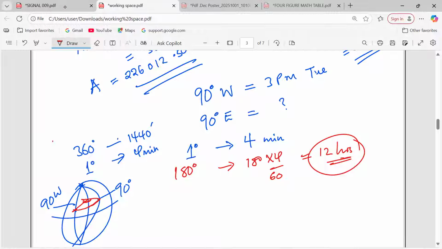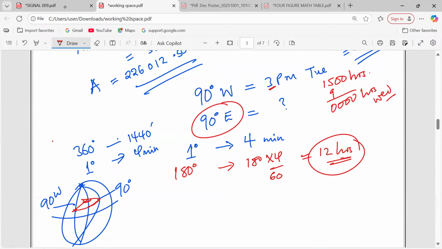So if time is ahead by 12 hours, and this one is the same as 1500 hours, this place, 90 in the east, is ahead by 12 hours. That means we shall add the hours remaining here, which is how many hours from 12? We can add 5 to 20, then 4. So we add 9 hours here. We go to 00 hours exactly on Wednesday.